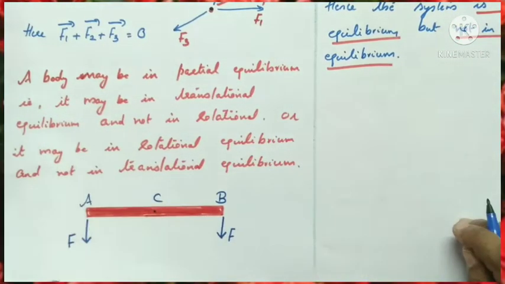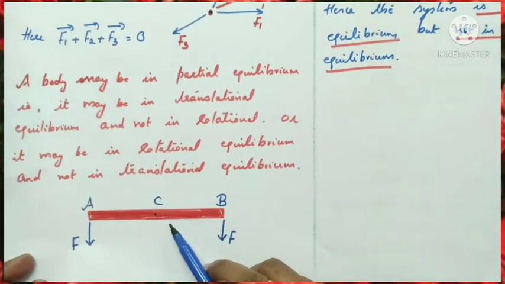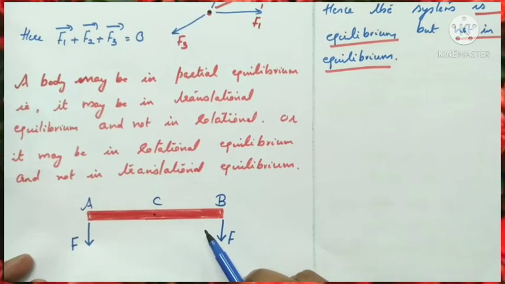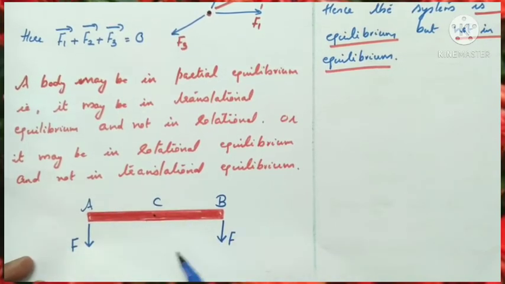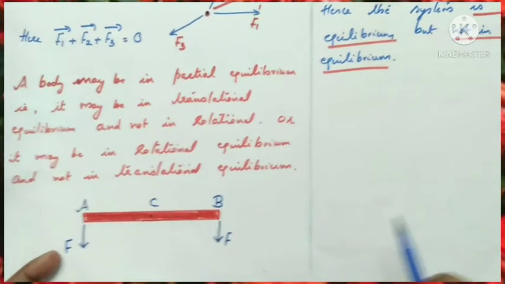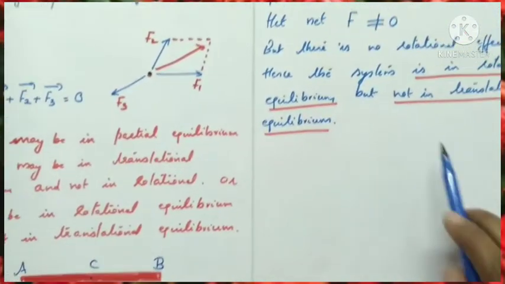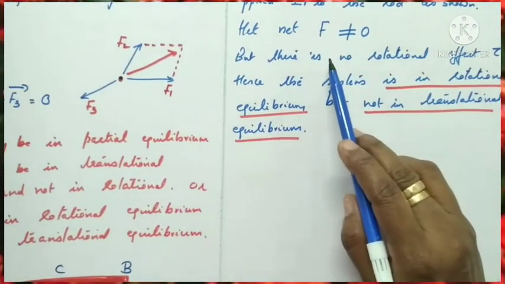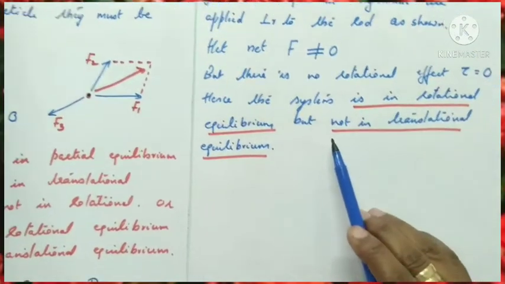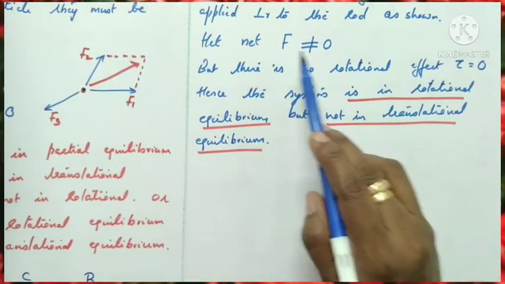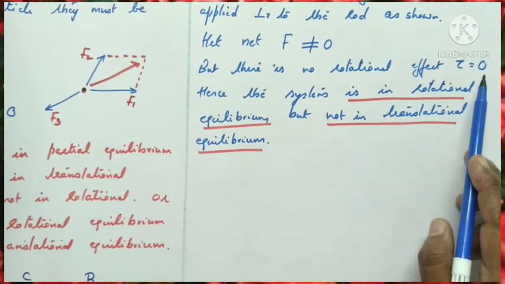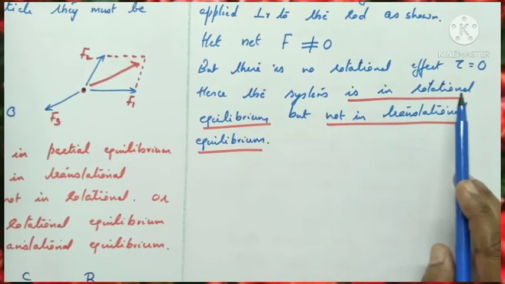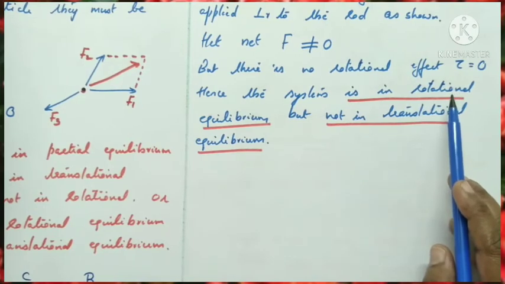So we can say that net force is not equal to 0 and torque is equal to 0, because the object does not rotate. And since torque is equal to 0, we can say that the system is in rotational equilibrium. That is the condition for rotational equilibrium.